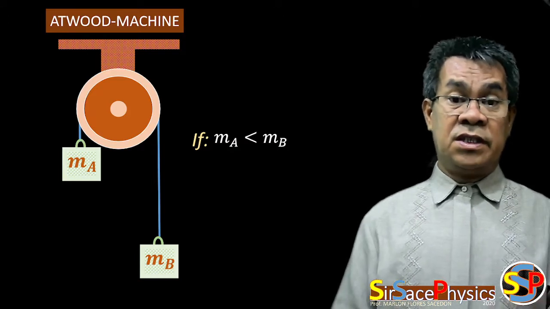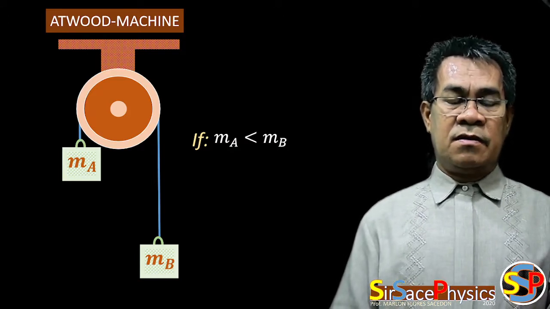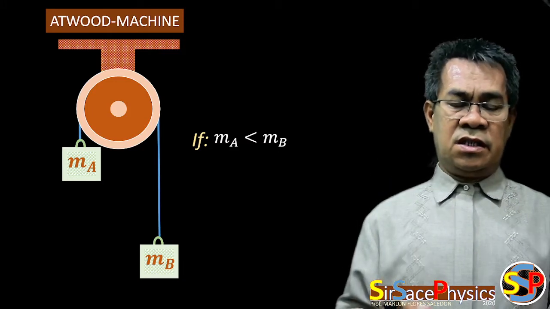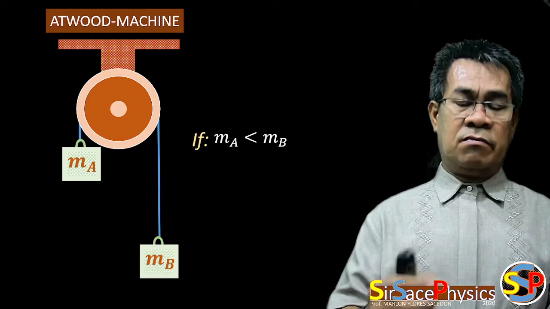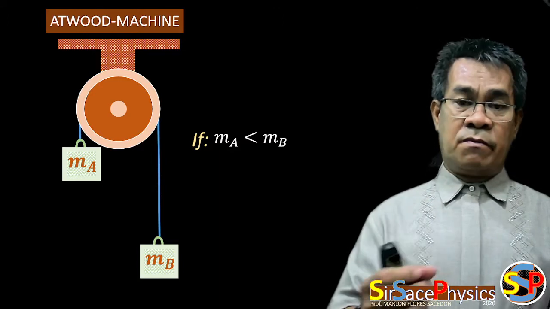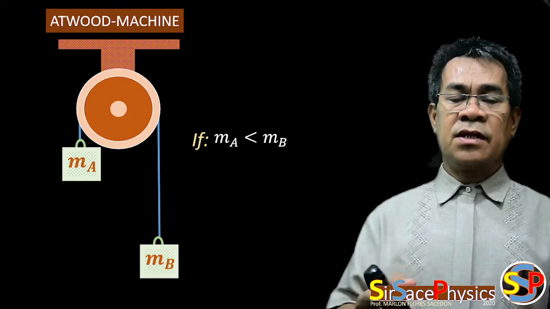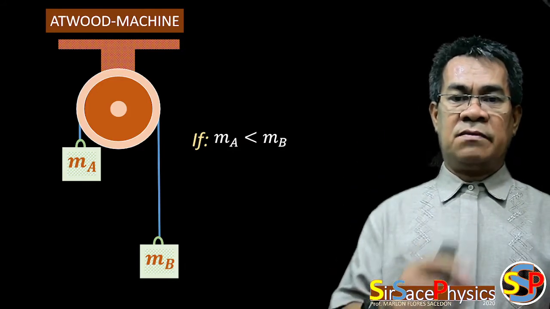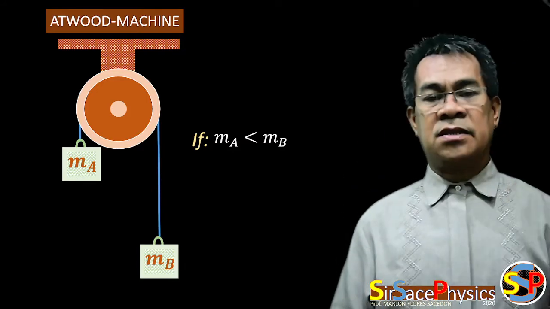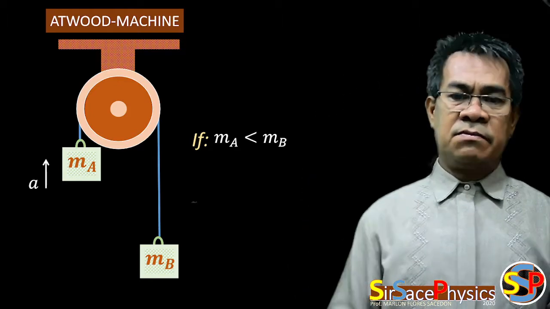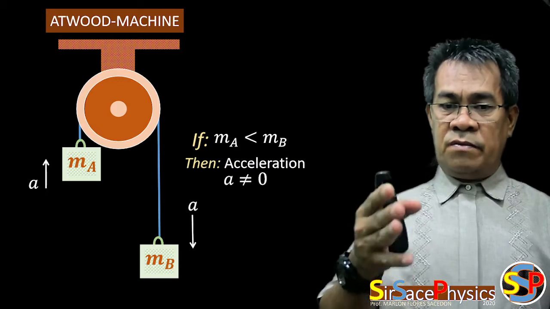Because of gravitational force. Since mass A is connected by means of a string, mass A is pulled by mass B. And take note, the mass provides the gravitational force, and that gravitational force is the product of the mass times the gravitational acceleration. So the acceleration of A must be upward, and there must be an acceleration of B, which is downward.